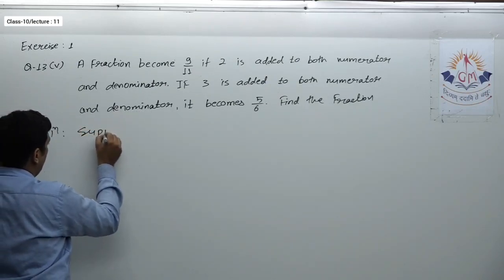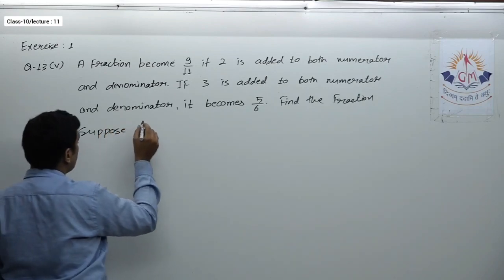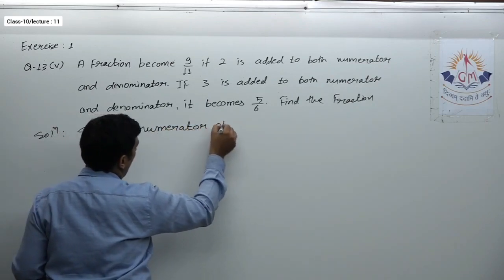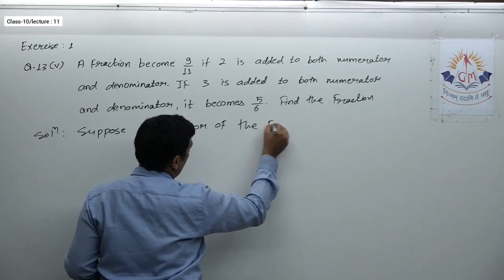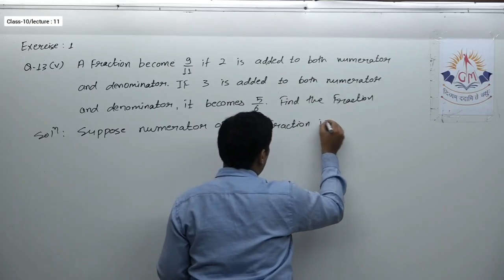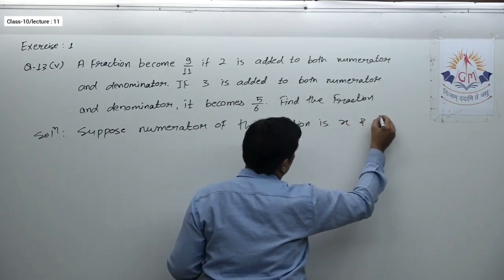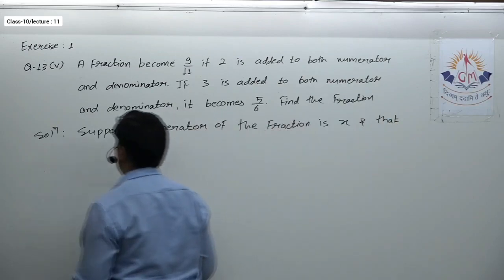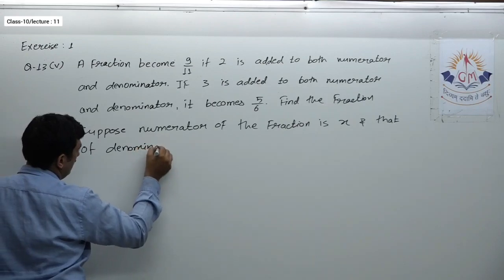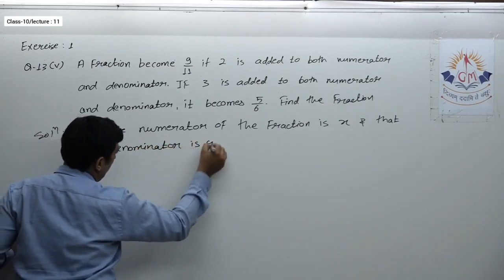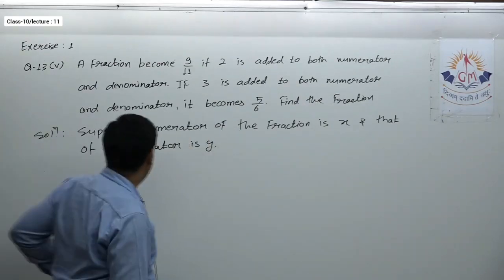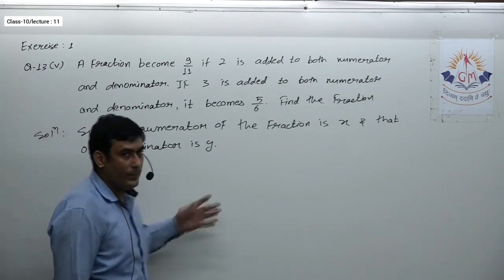So suppose the numerator of the fraction is x and that of the denominator is y. So the fraction will become x upon y.